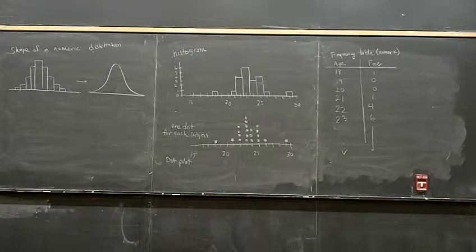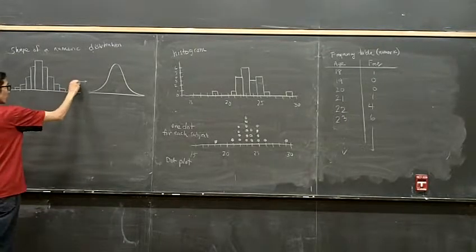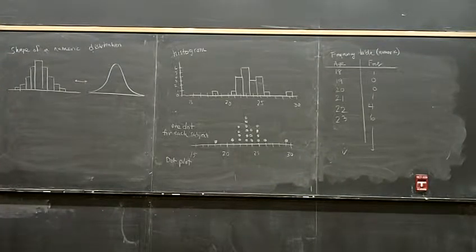There are two things we want to talk about when we're describing shape. One, we would say this is symmetric. And the other part is we would say it's unimodal. Unimodal, one peak.